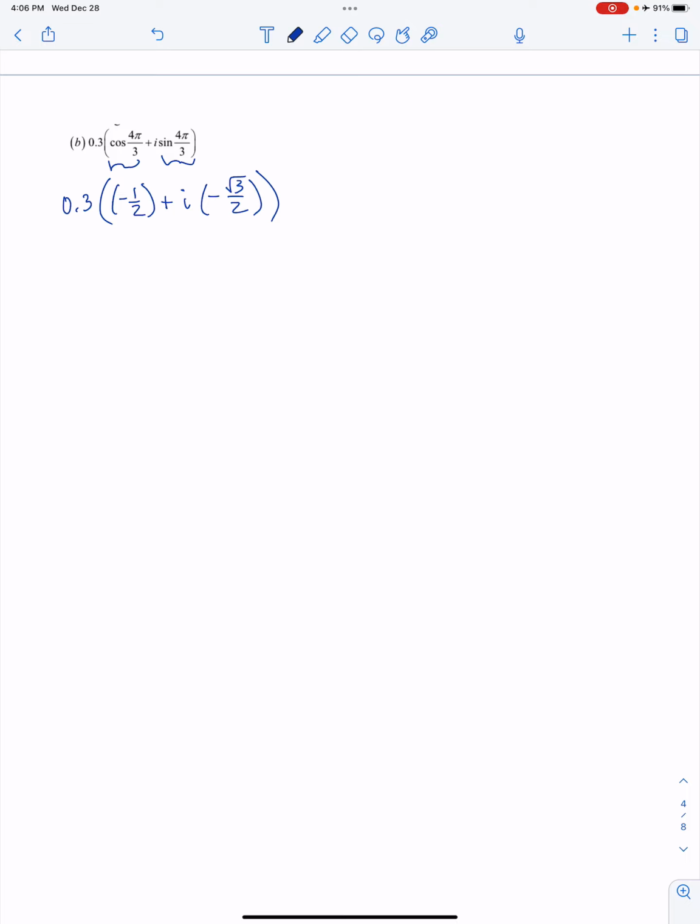So first we have 0.3 times negative 1/2. That gives us negative 0.15. 0.3 times negative root 3 over 2 gives us a negative 0.26. So we have negative 0.15 minus 0.26i.